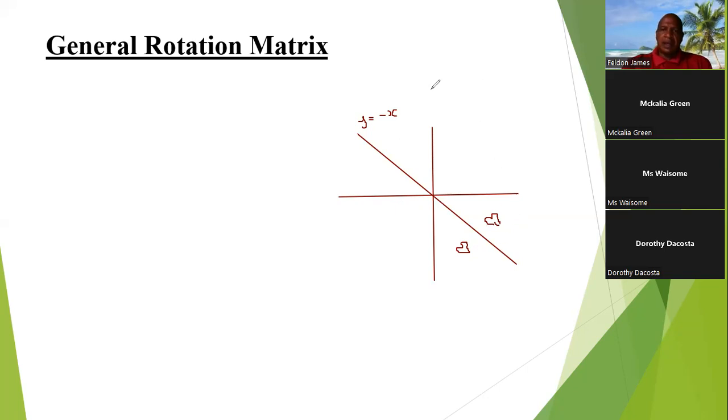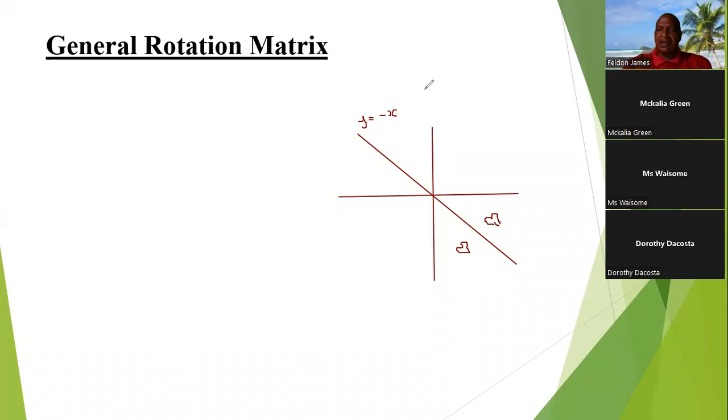All right, guys. So these are the lines through which the 4 reflection matrices that we looked at yesterday, these are the lines through which the reflections will be carried out.